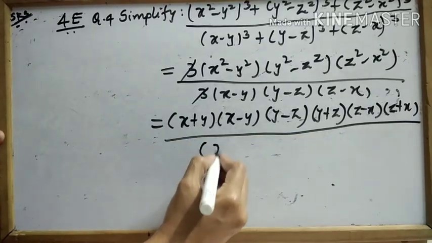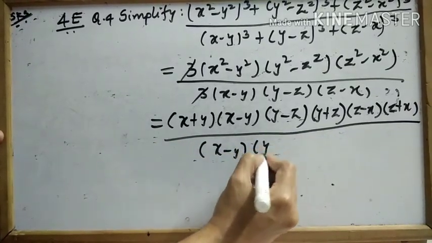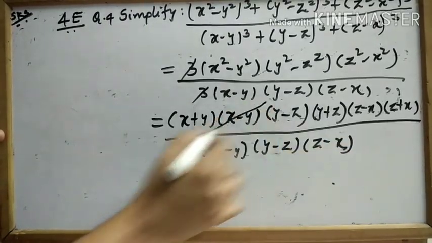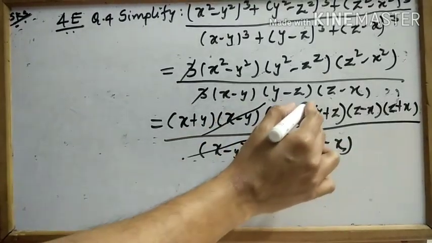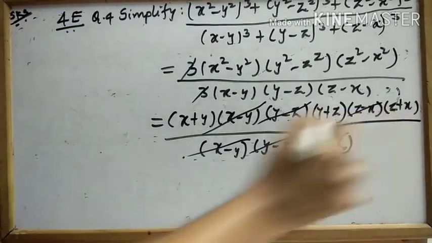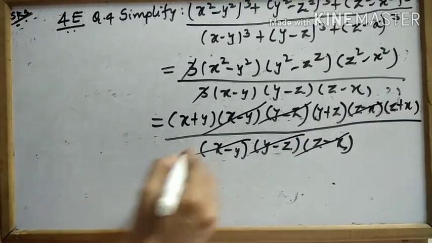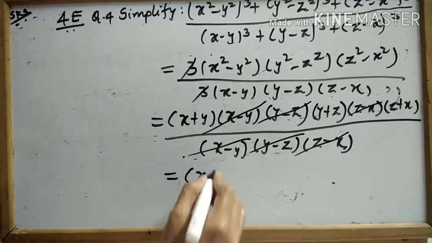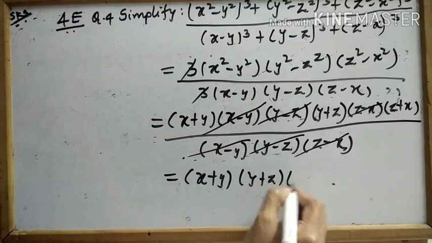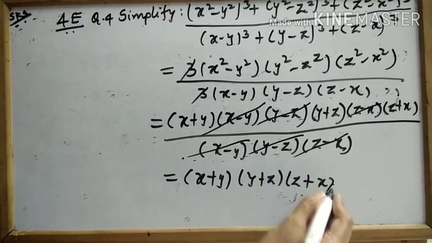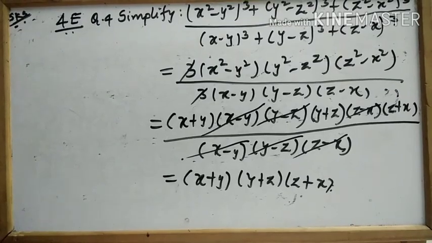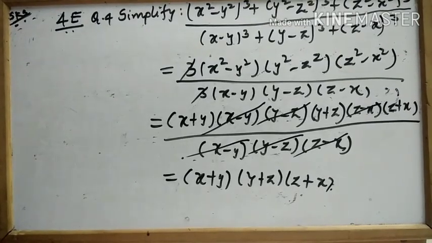And the denominator is (x minus y), (y minus z), and (z minus x). x minus y gets cancelled. y minus z gets cancelled. z minus x gets cancelled. So your remaining part is (x plus y) into (y plus z) into (z plus x). Fine. That's a very special question I told you at the beginning.